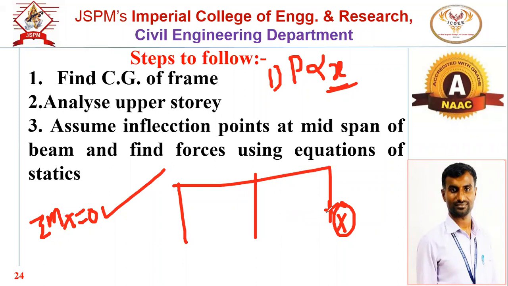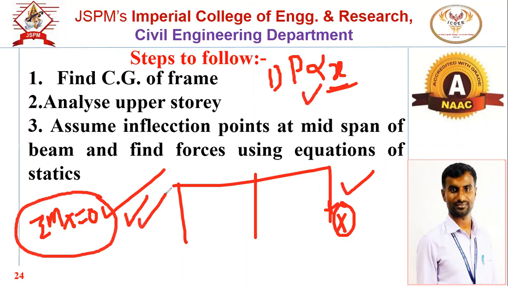Summation of moment at mid height of right end column means summation of moment at point x is equal to 0. So we are having two equations, and you can get the two unknowns from this, so that you will get the axial force. If you use these two conditions, we will get the axial force. And what are the axial force? These are the vertical force in a column.